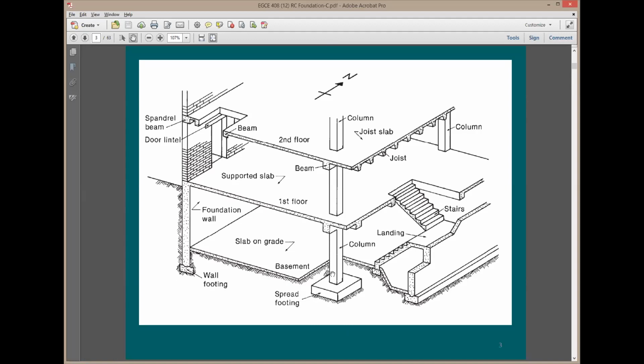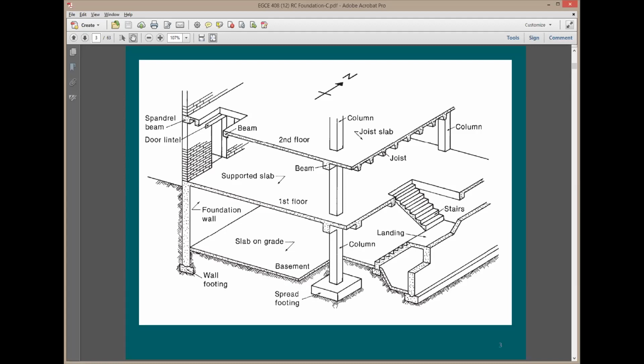If you don't have this footing, what's going to happen? The force is going to be concentrated right below the column, and the column is just going to be penetrating the soil, and the entire building is going to be settling. So you'd like to provide enough contact area between the soil and the footing.